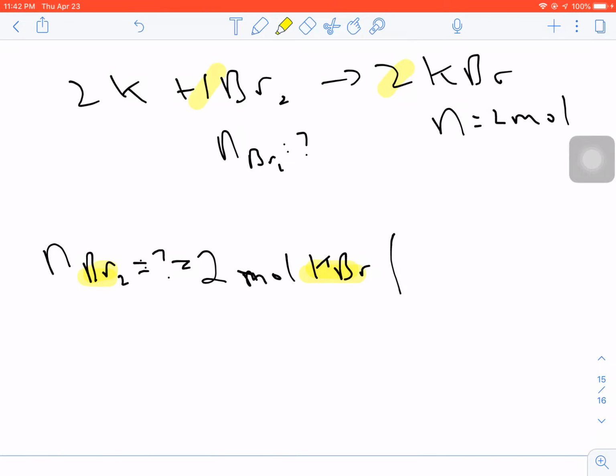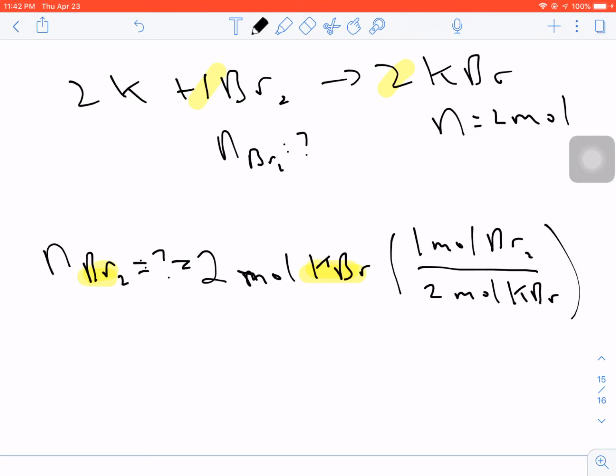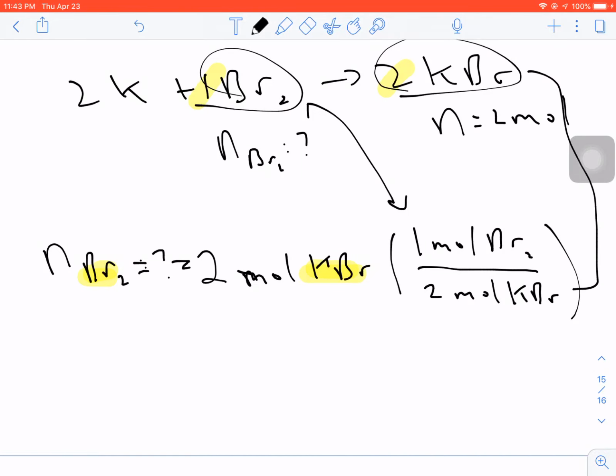So my ratio says every time 1 mole of Br2 reacts, I will get 2 moles of KBr. 1 mole of Br2 here, and 2 moles of KBr here.